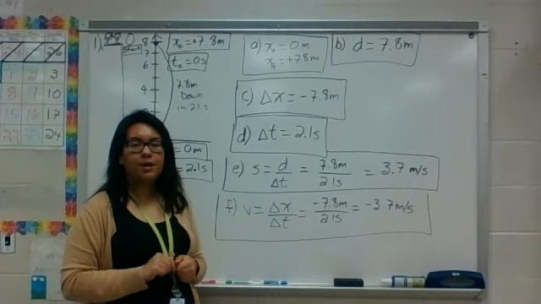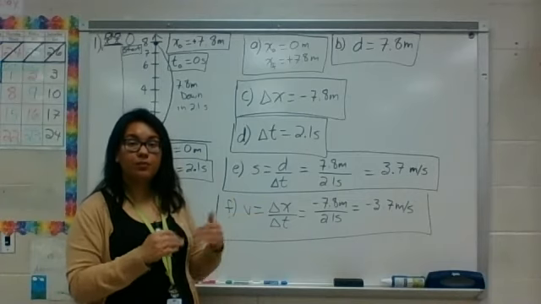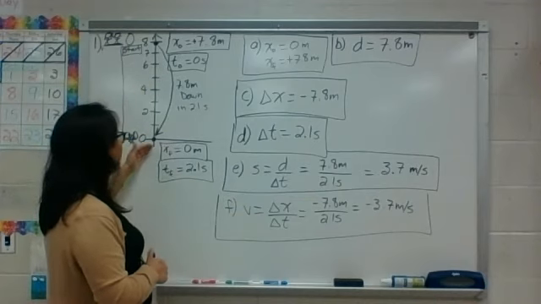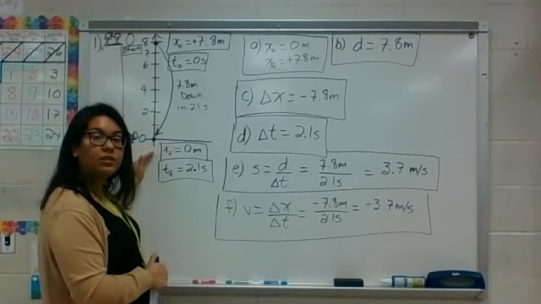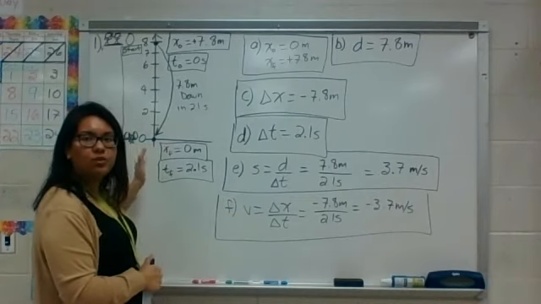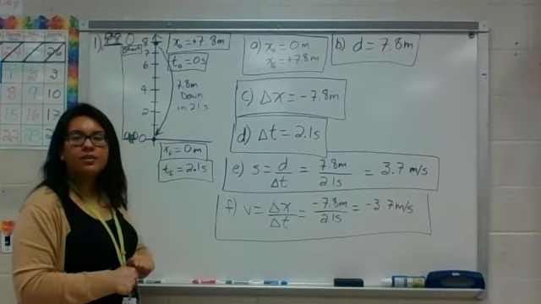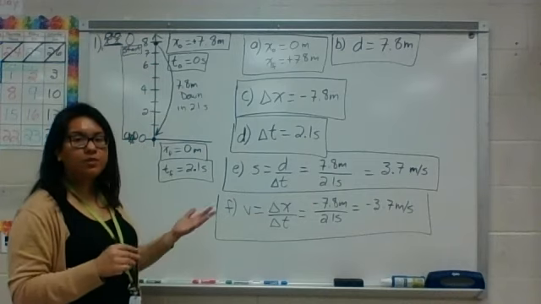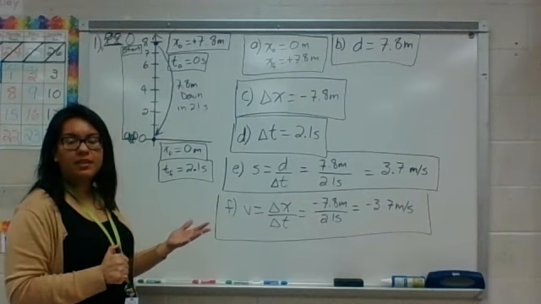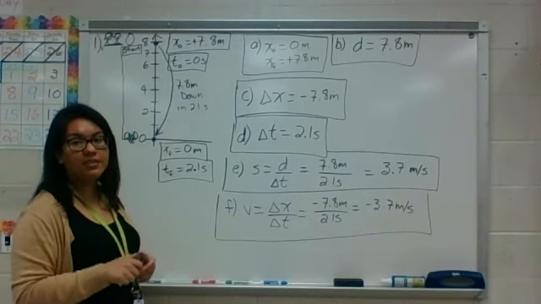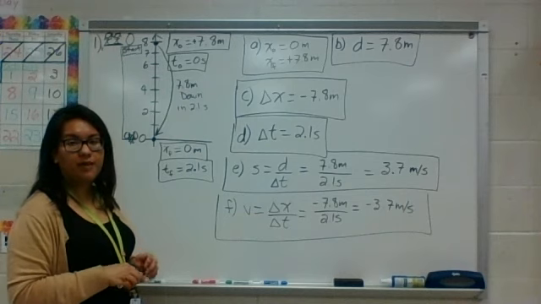If you have a problem in which you have multiple movements, let's say the egg had hit the ground and then maybe it had rolled into a hole, maybe like a sewage hole, and it had kept going further down, it would have done multiple movements, right? So if you have multiple movements, then you will not necessarily have the same number for average speed and average velocity.